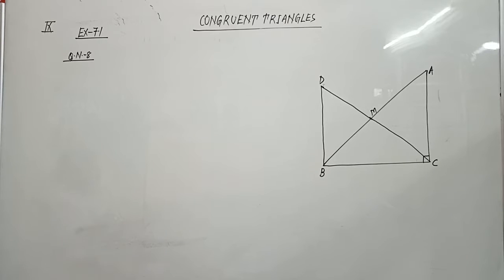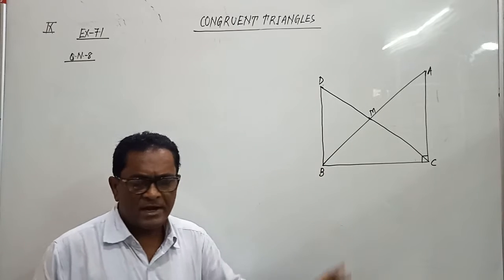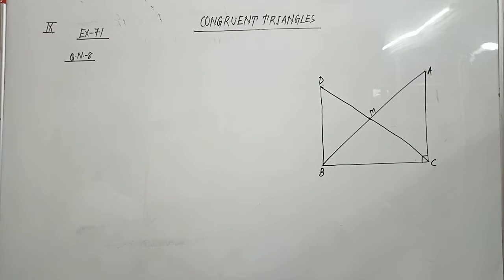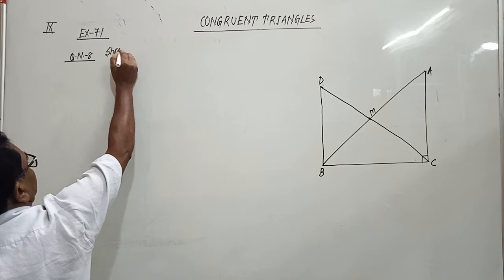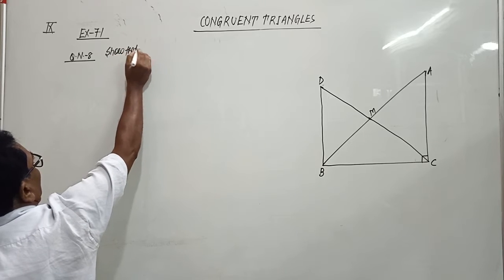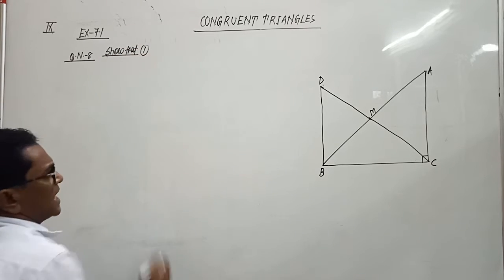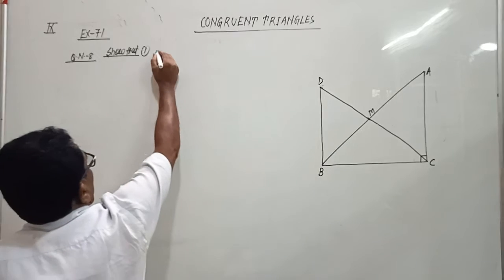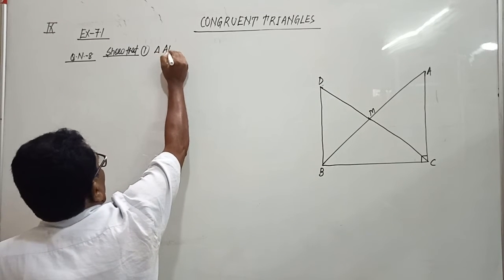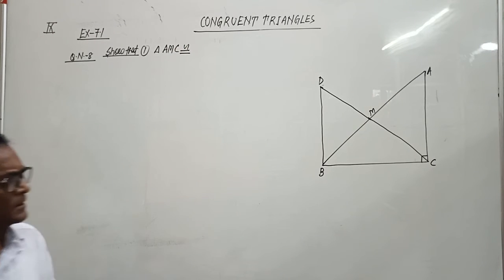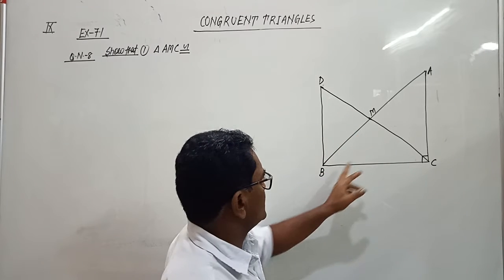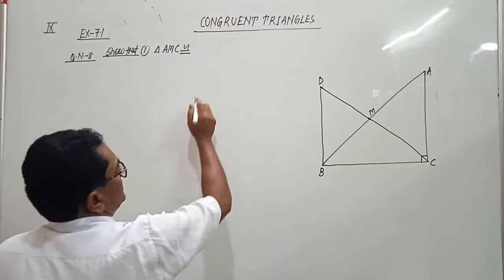Point D is joined to B. Then show that, the first part, triangle AMC is congruent to triangle BMD.